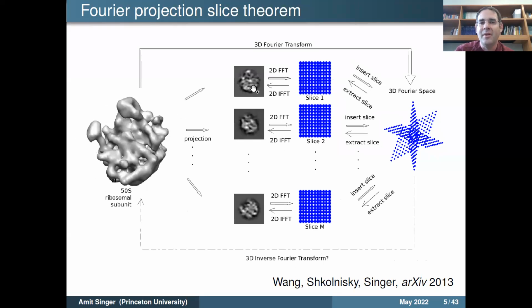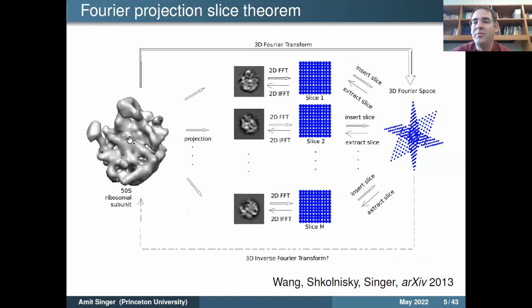So again, if you look at the 2D projection image and take its Fourier transform, then you can populate the 3D Fourier transform with the values of the 2D Fourier transform. If you knew the unknown orientations of the molecules, then you could simply populate the entire Fourier space with your Fourier transform samples, and then do Fourier inversion and get the molecule back.